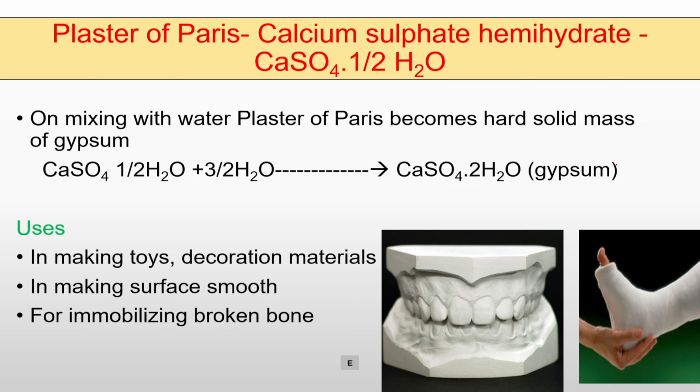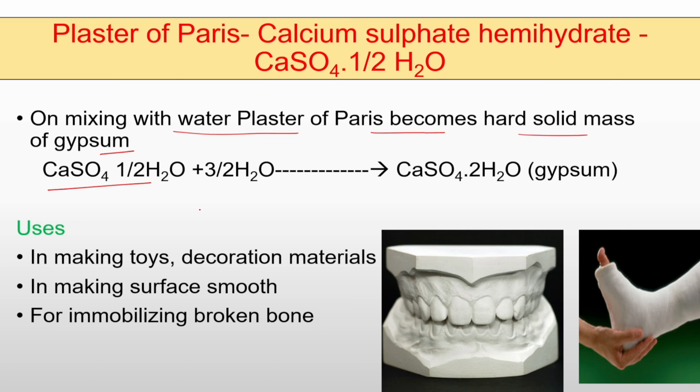Again, when this gypsum is heated, when you reverse this, you again get calcium sulfate dot half H2O, that is your plaster of Paris. On mixing water with plaster of Paris, it becomes a hard solid mass of gypsum.